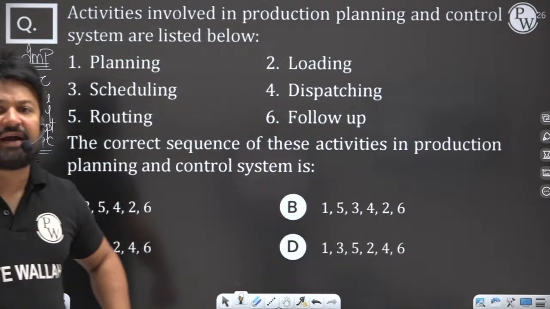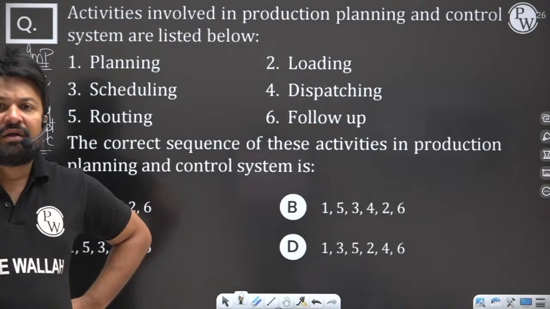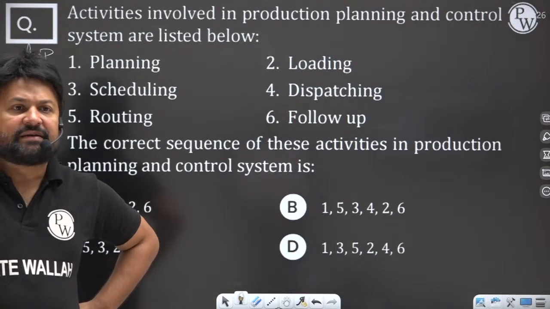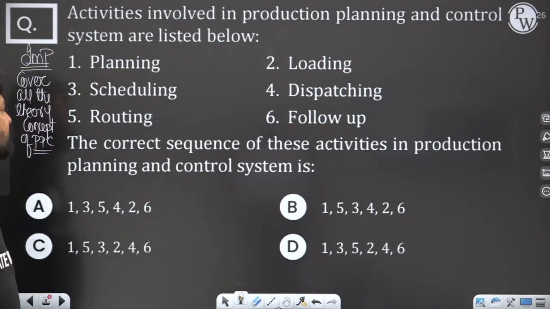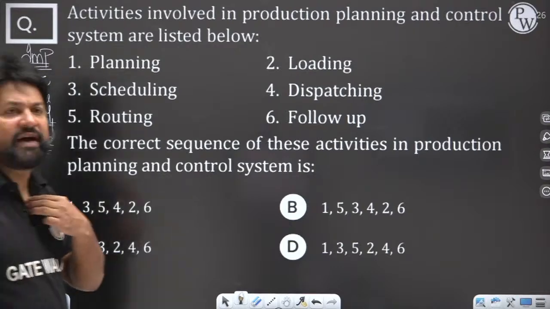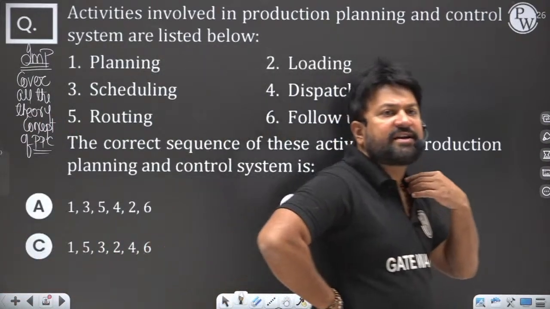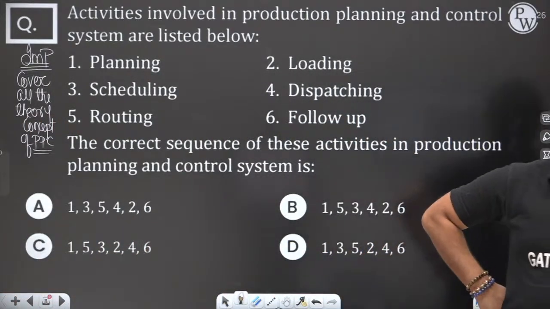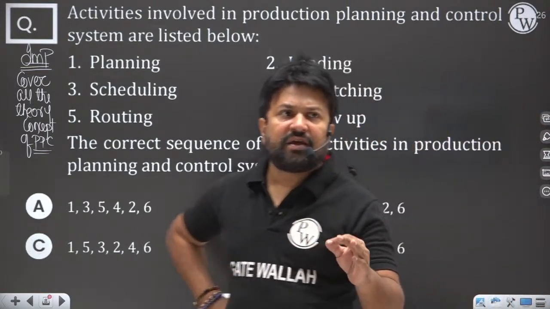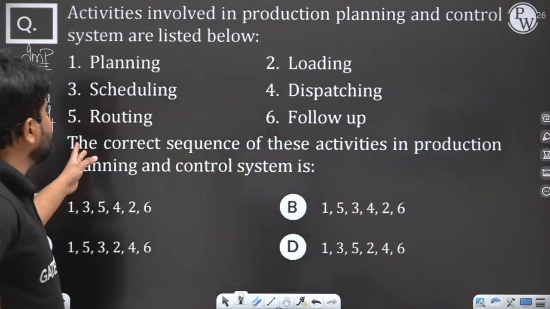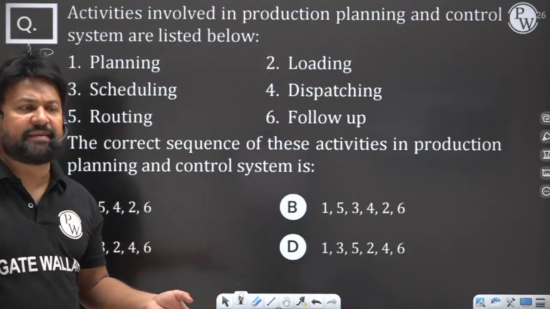Now according to that, give me the answer. Now you understood, I have cleared all the terminology which is given in the question. Planning is a necessary thing, my dear.